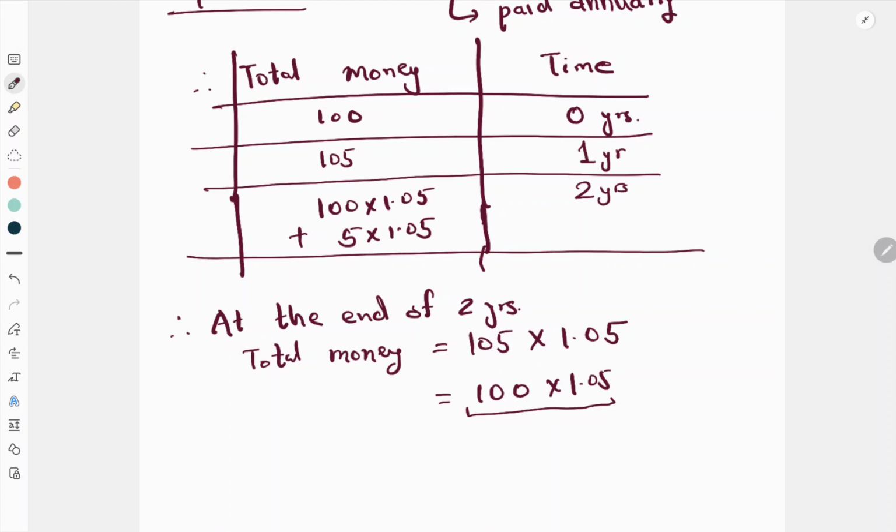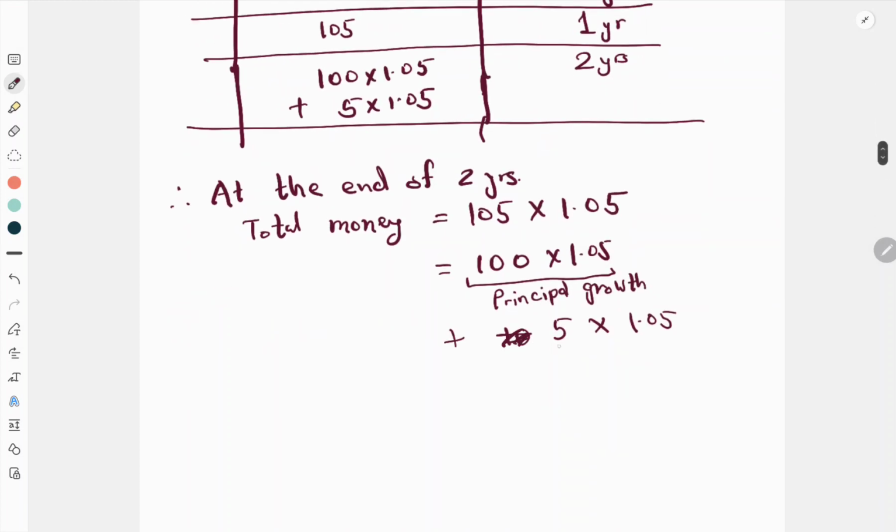This is on principal growth, plus 5, which was the interest at the end of 1 year, times 1.05. This is the interest growth.